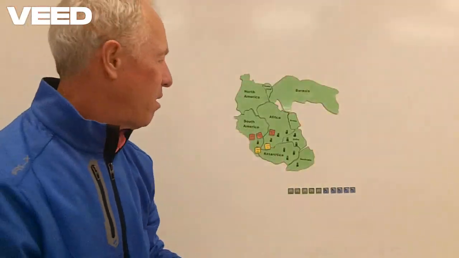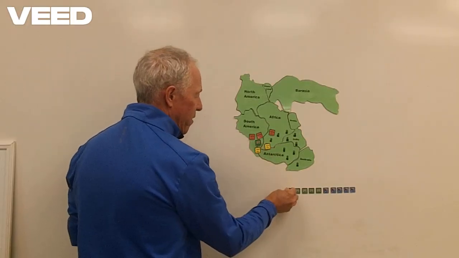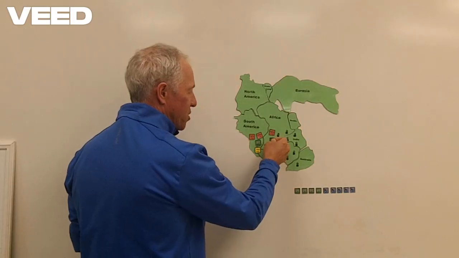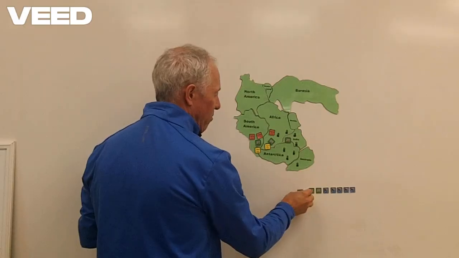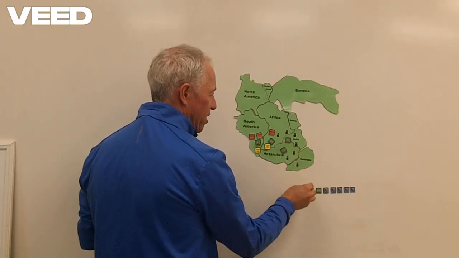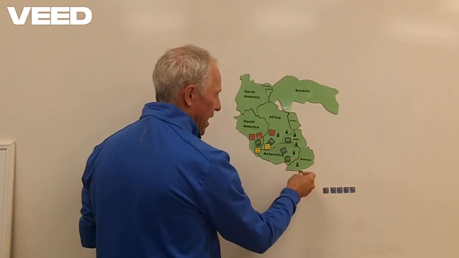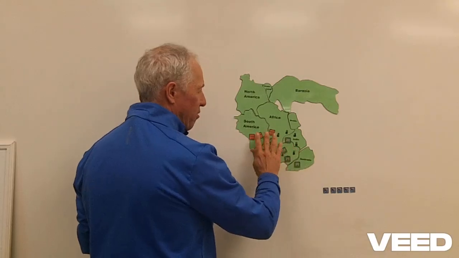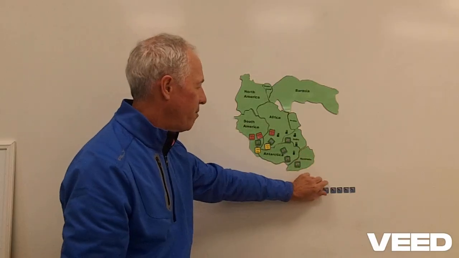Glossopteris is a fern, a fossilized fern. And all of these creatures went extinct roughly 200 million years ago before the breakup of Pangaea. And Glossopteris was found throughout the southern continents here, or the southern area of Pangaea.